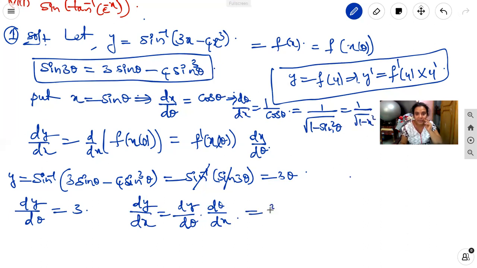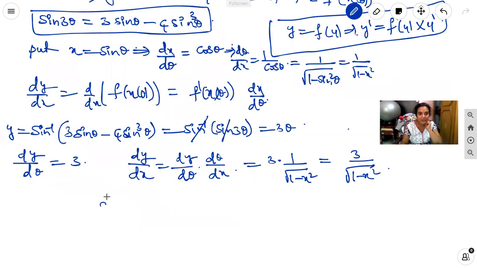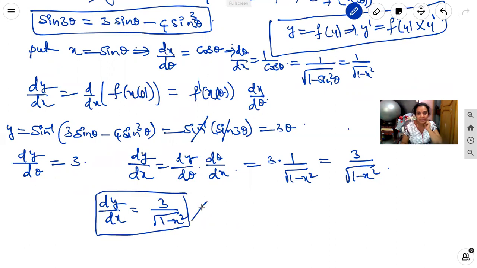So it is equal to 3 into 1 by under root of 1 minus x square, that is equal to 3 by under root of 1 minus x square. So that is nothing but dy by dx equal to 3 by under root of 1 minus x square. It is the solution.